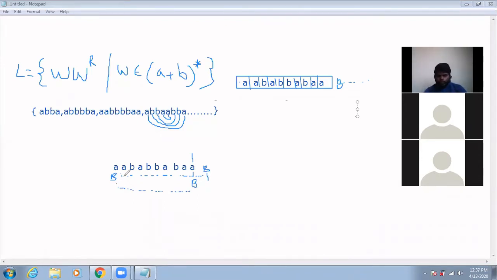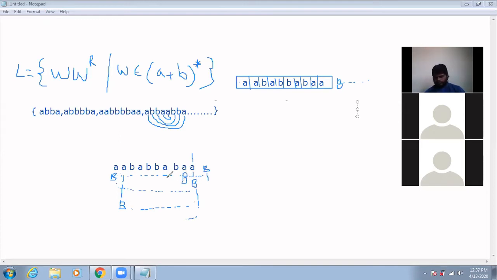So here there is an A, again A, I will make as a blank. Same again, I will go right hand side until I encounter the blank. So at this blank, again you come to the left hand side, and this A also you make a blank.